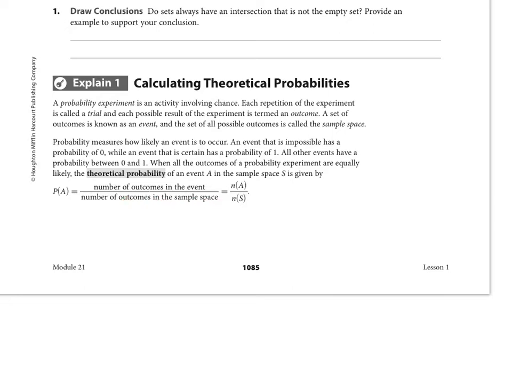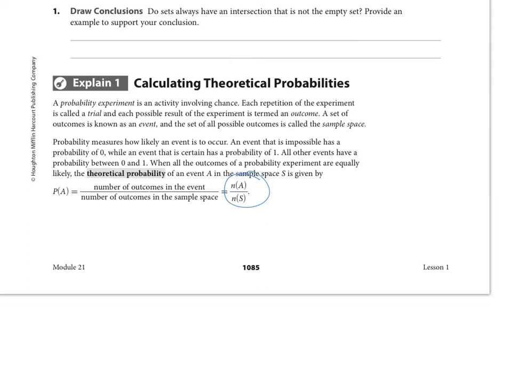We've been working with this idea of the number of what we want out of the total for a while, even with geometric probability, as you saw there with your shaded areas. But now we're going to use set notation to talk about it. So it is going to be the number of items in the set A, which is the likeliness of that event occurring, divided by the total number of outcomes in the sample space.